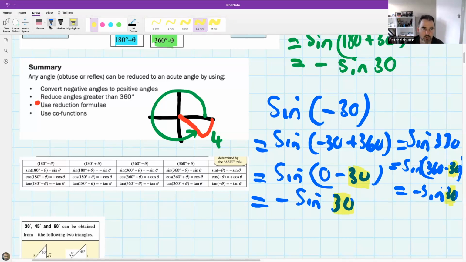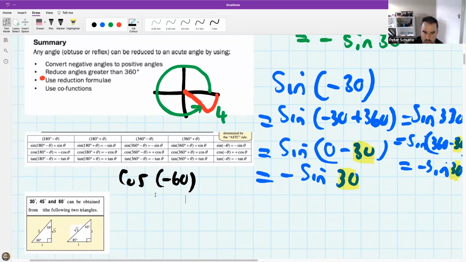We can do one more, because I'm not sure everyone's perfect with that. If I say to you, what is the tan, or actually, no, let's go with the cos. What is the cos of minus 60 going to reduce to?